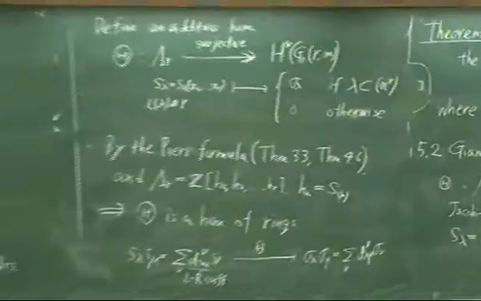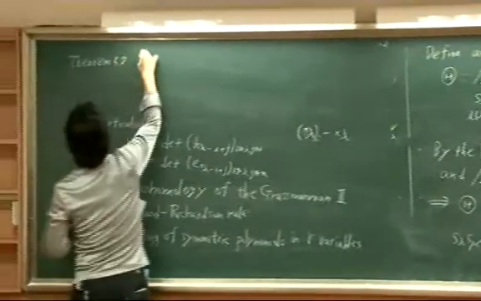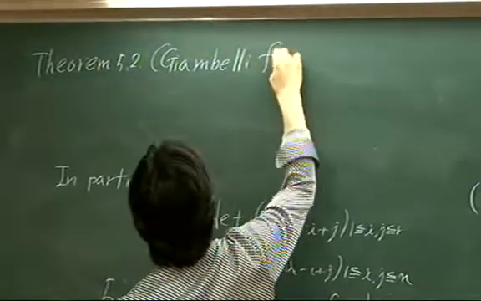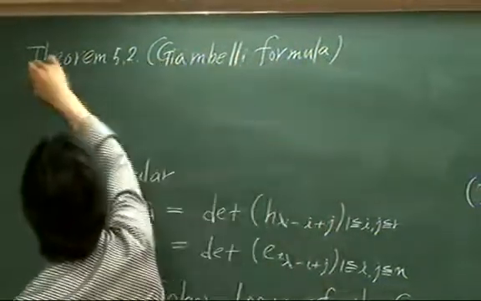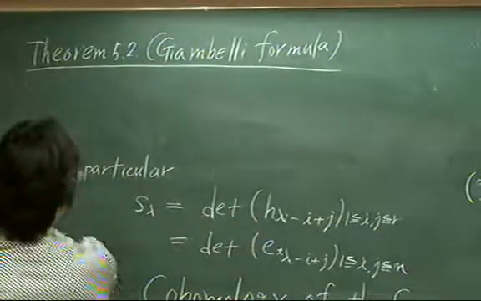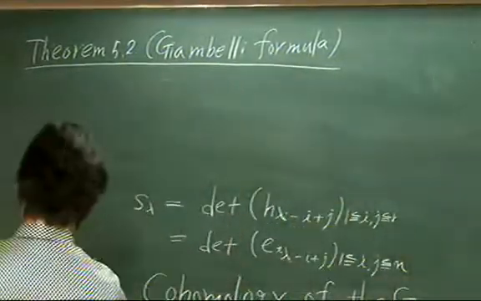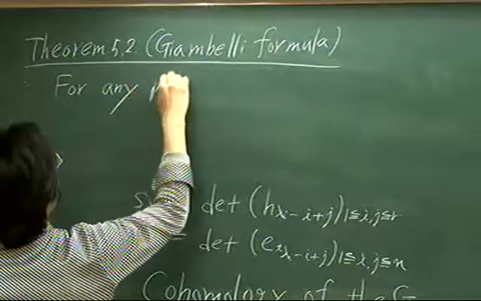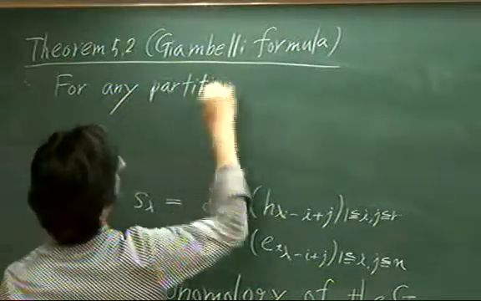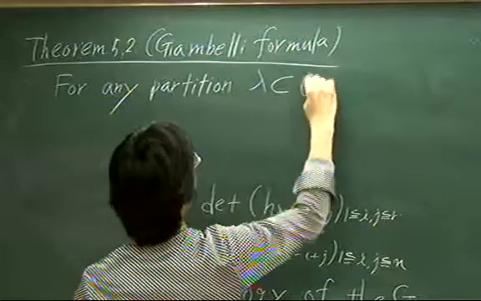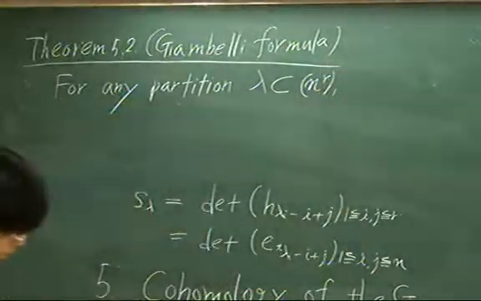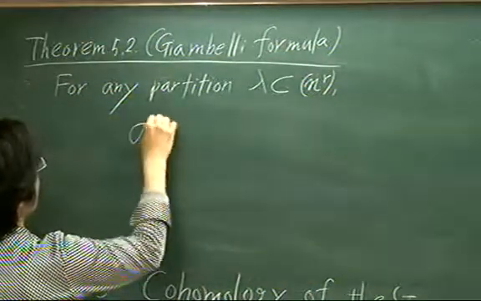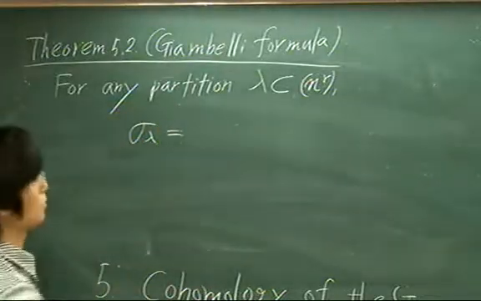Therefore, we obtain the following Giambelli formula. Theorem, Giambelli formula. For any partition lambda contained in the rectangle, we have sigma lambda is a polynomial in the special Schubert classes.